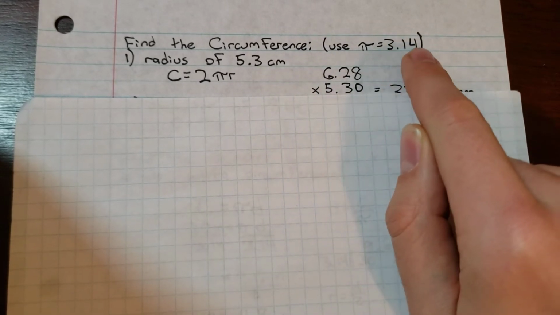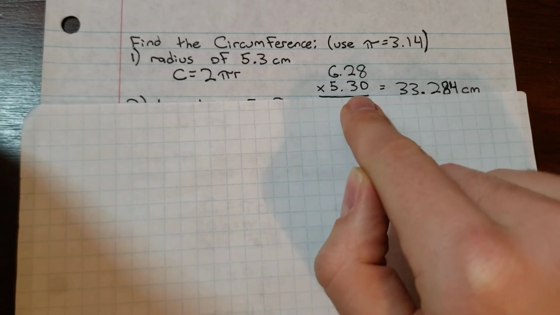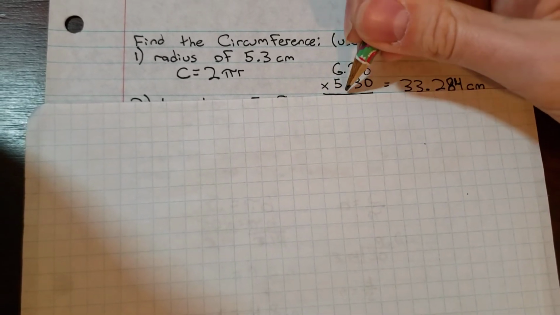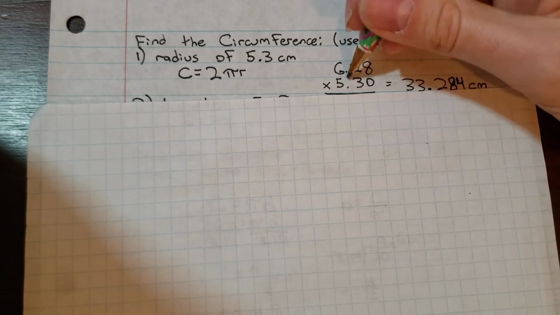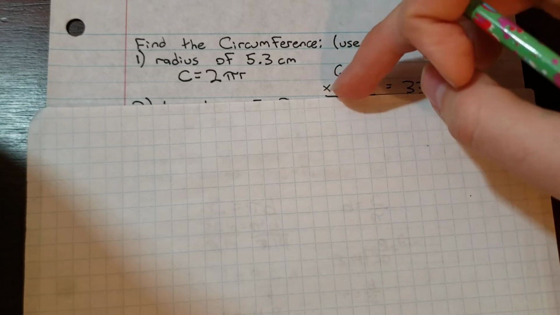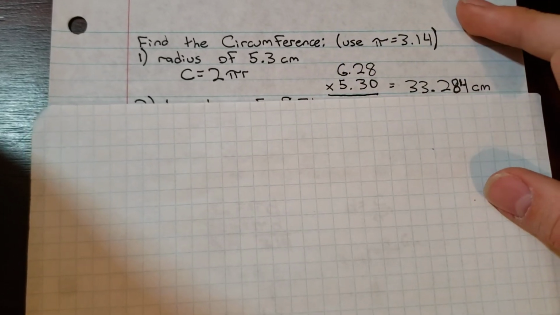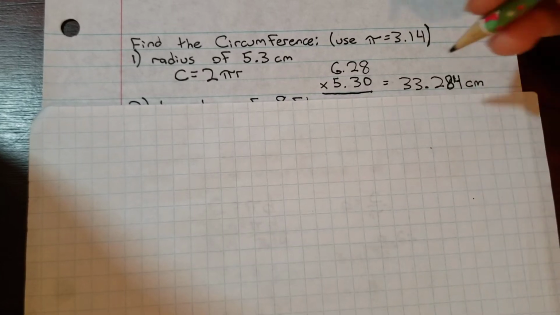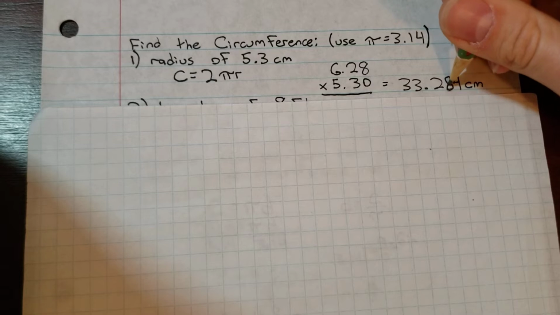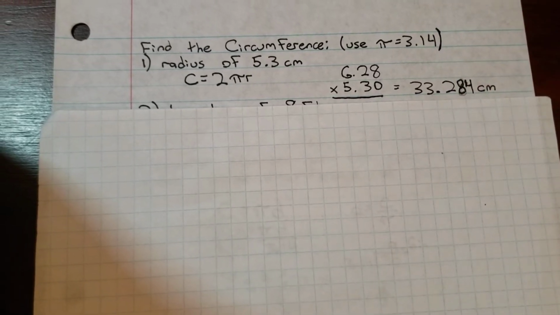Well, that's 3.14 times 2. So 2 times pi is 6.28 times 5.3. Now I've included the 0 because I'm lining up my decimal points. You don't need to for multiplication, but I did here. Now when you multiply this all the way out, you get 33.284 centimeters.